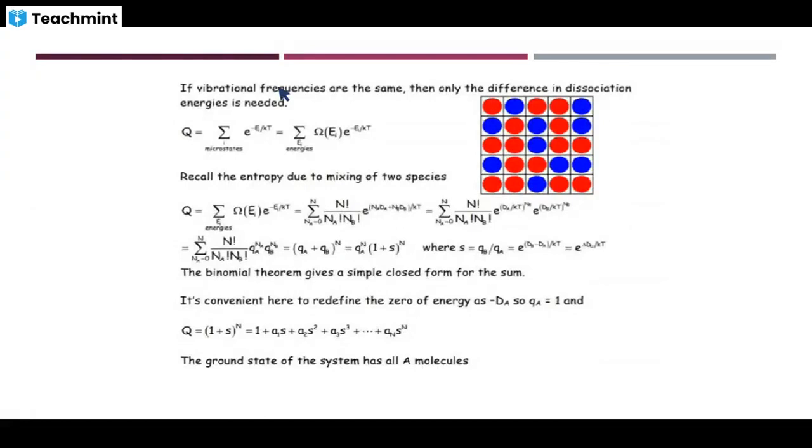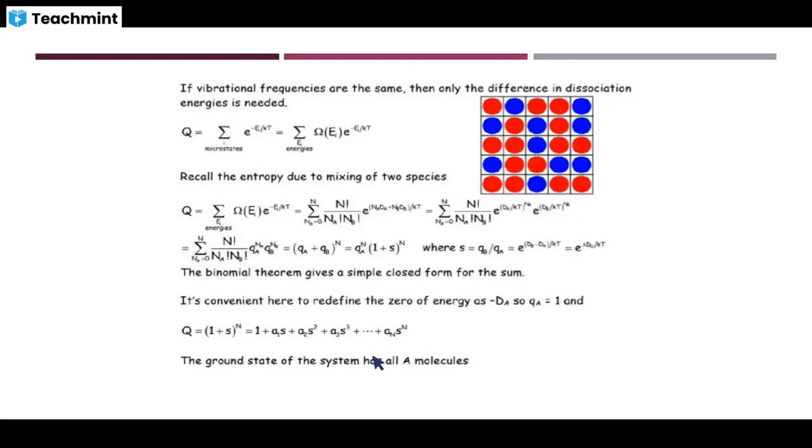So then Q is nothing but the sum of e to the power minus Ei divided by kT. For a microstate with energy Ei, it is gamma of Ei times e to the power minus Ei divided by kT. Recall the entropy due to mixing of two species. If you do the mathematics, you come to the calculations.